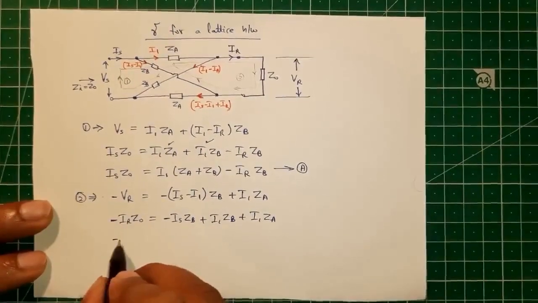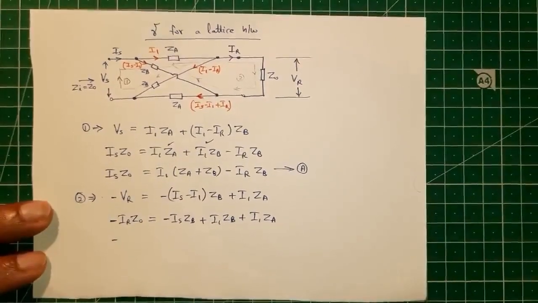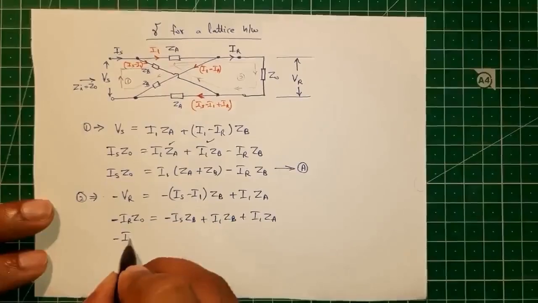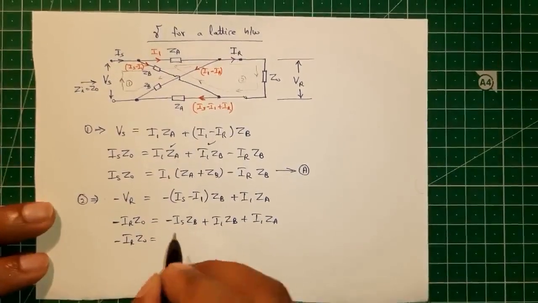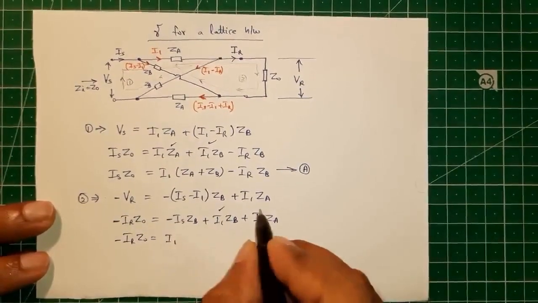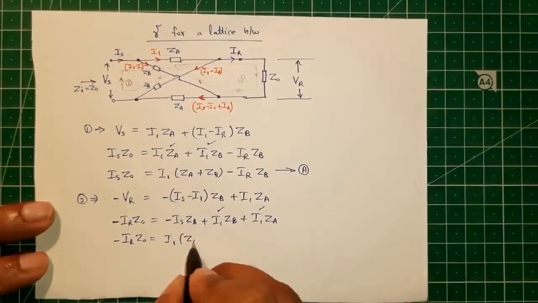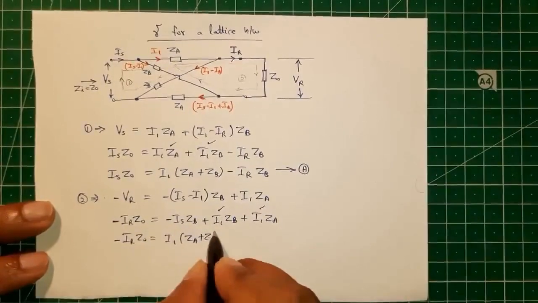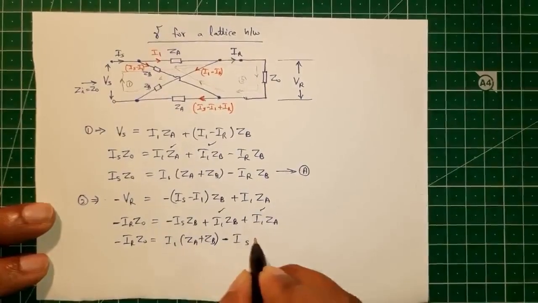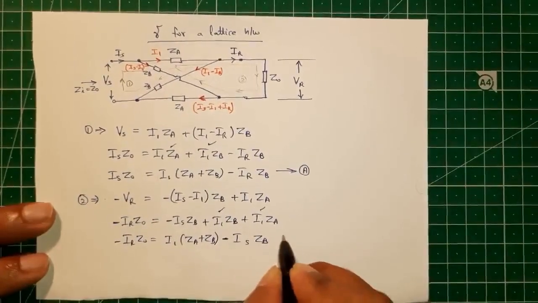So we can rewrite this as IR Z0 is equal to I1 (Za plus Zb) minus Is Zb.